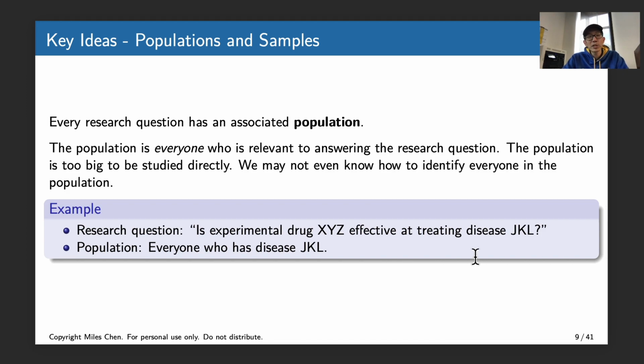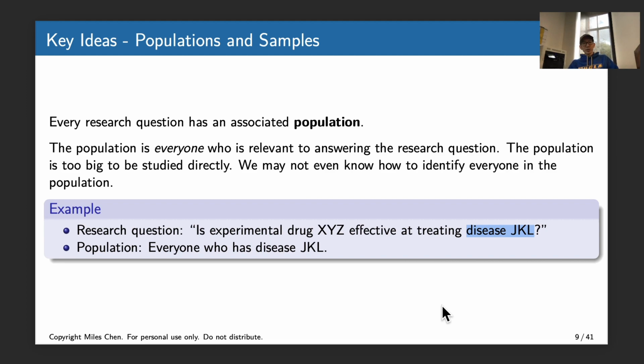Especially if we're talking about some kind of medical condition, like who has a particular disease, a lot of people don't even know if they have the disease or not, okay? That was a big problem with COVID, that a lot of people were asymptomatic. They carried the virus, but didn't show any symptoms, and so it would spread.